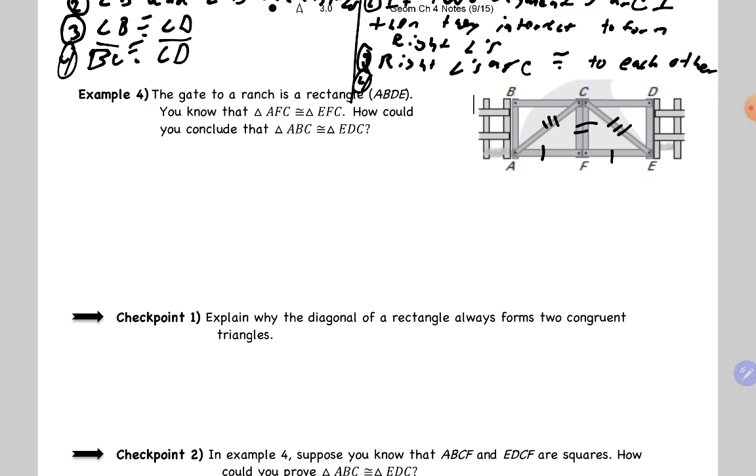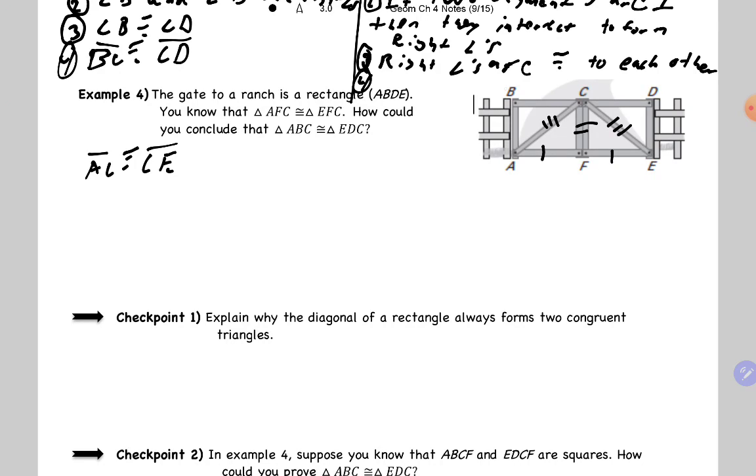Okay. So we already know that AC is congruent to CE because the two bottom triangles are congruent. So that's one piece.